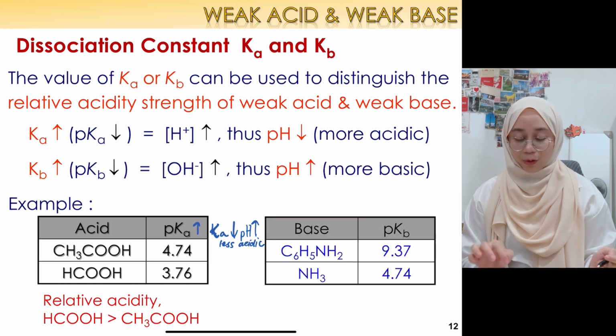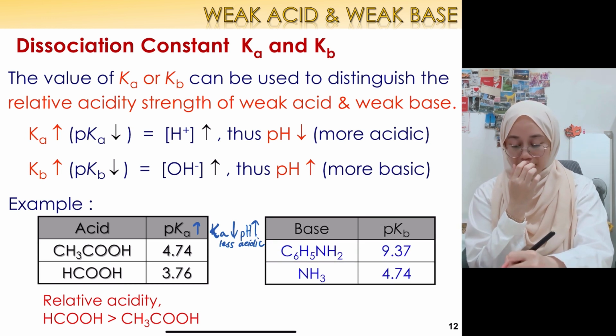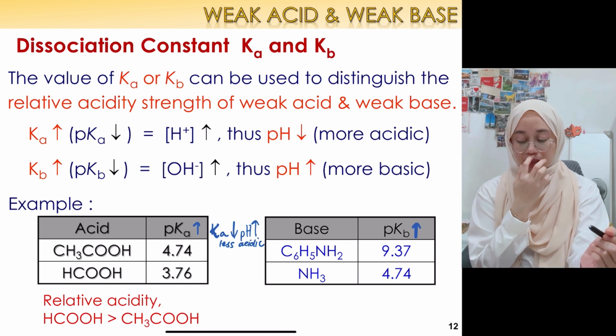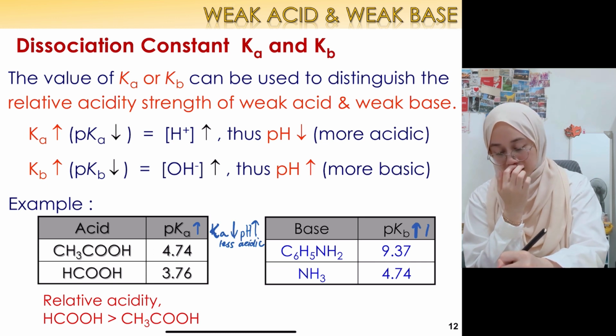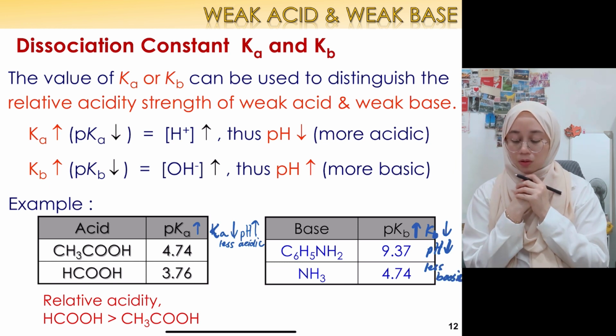Okay, so kalau untuk yang base pula, so base pula pKb dia, kalau pKb tinggi, so basically Kb dia rendah. Kb rendah bermaksud pH rendah. So pH rendah bermaksud less basic. So kita nak cari something yang more basic. So more basic would be yang pKb dia rendah.